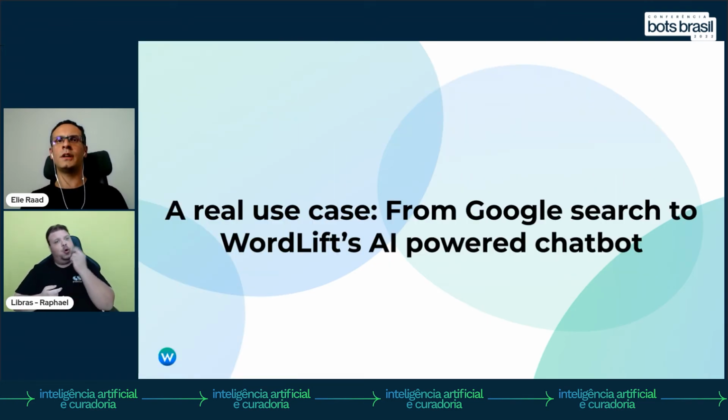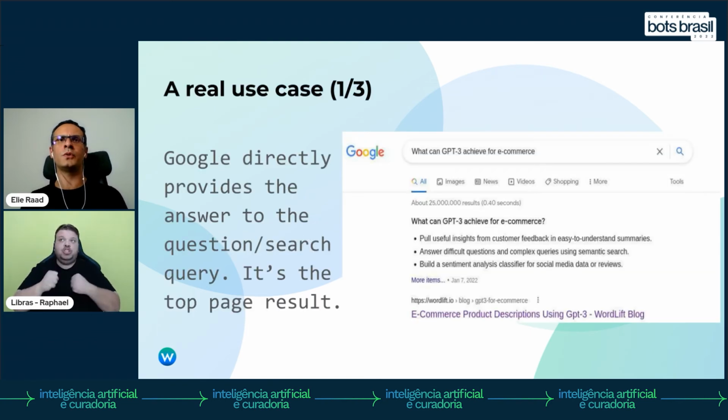This is a real use case that we have on WordLift. If we go and search for this query, what can GPT-3 achieve for e-commerce? We will get this first result from Google, where Google summarizes the 3 points that answer this question.